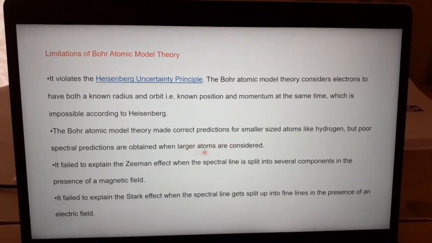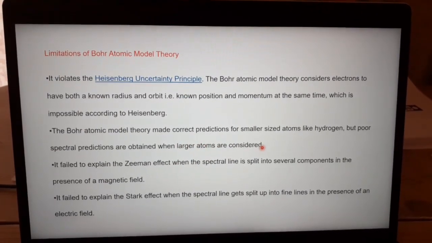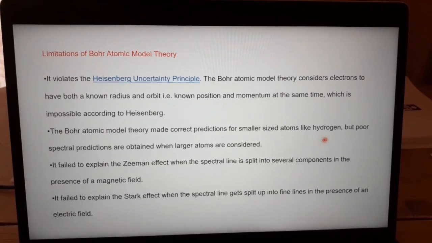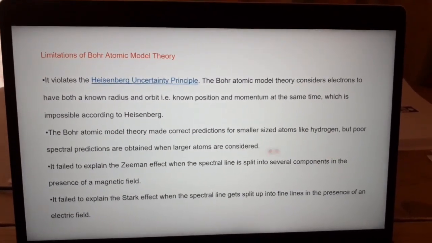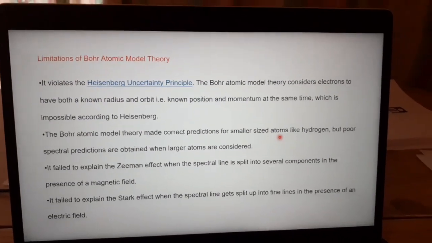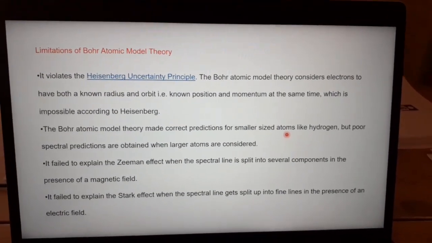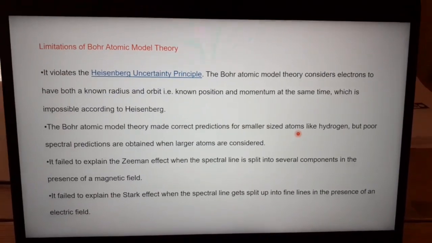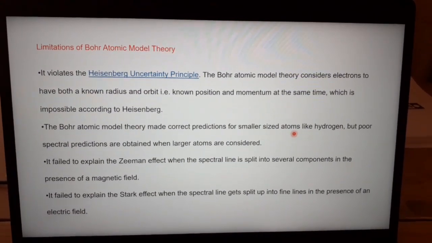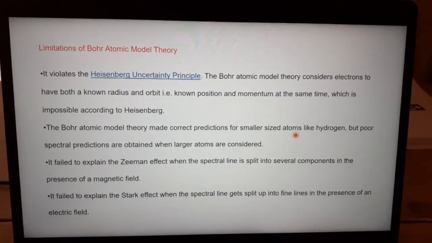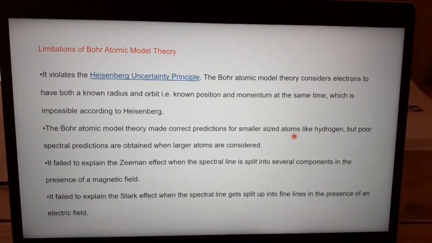After hydrogen there are so many atoms or molecules present. If you consider helium, magnesium, boron, carbon, Bohr's atomic theory cannot give an idea of that kind of larger atomic structure or model.